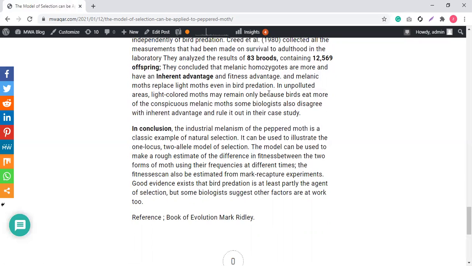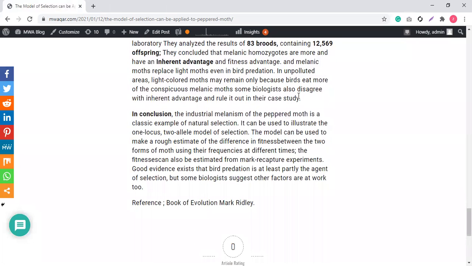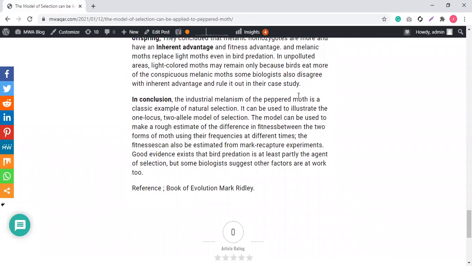But according to the genetic scenario and breeding scenario and the population, they are present in the more form. Basically, they're telling that nature selects the melanic form and they are produced in more form, but ultimately due to the bird predation in the unpolluted region, the melanic form decreases because they are more visible. The dark colored form is more visible to the birds.